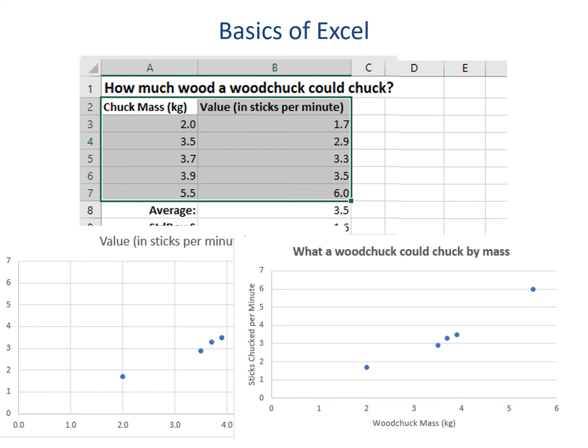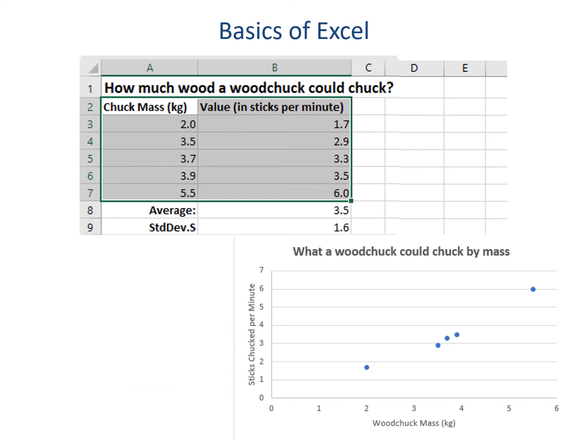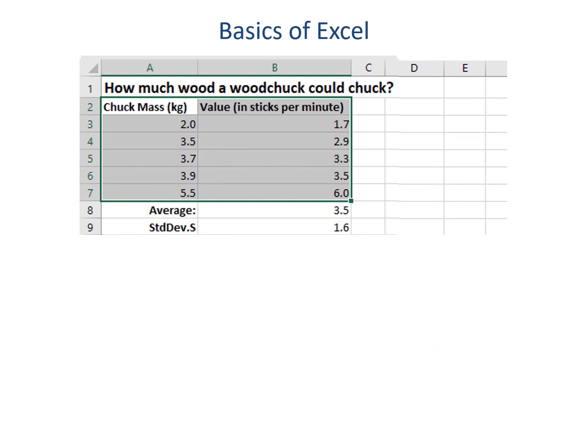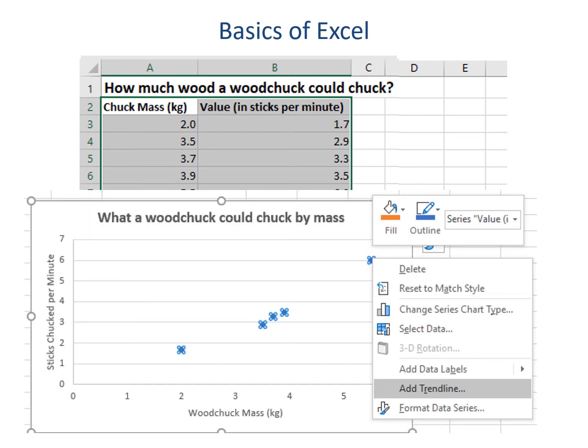The last thing for today that we have to learn about graphing is to add a trend line, also known as the line of best fit. If you click on any data point, it highlights the whole set. Right-click or Apple-click with the data selected, and you can click Add Trend Line.